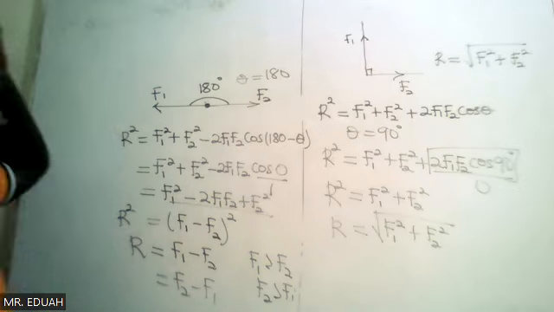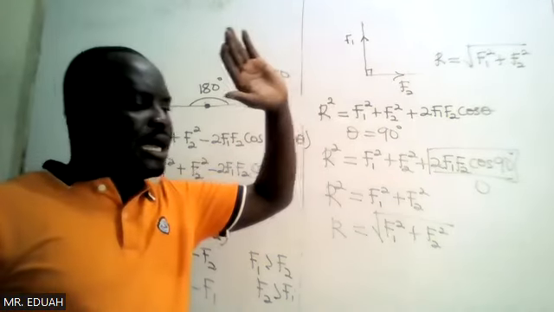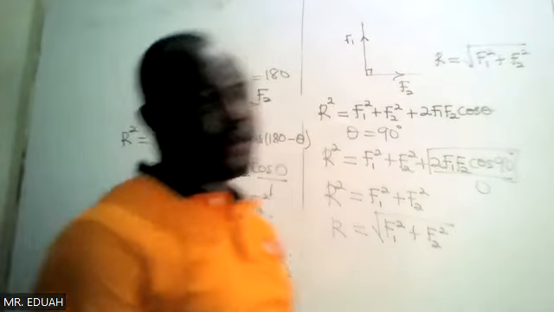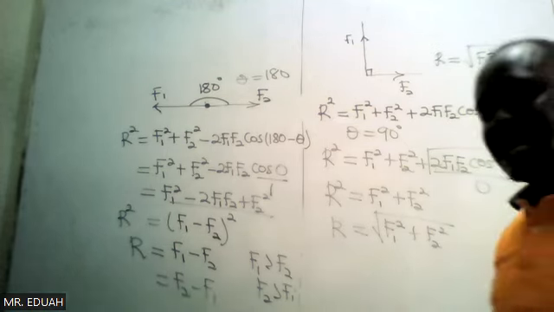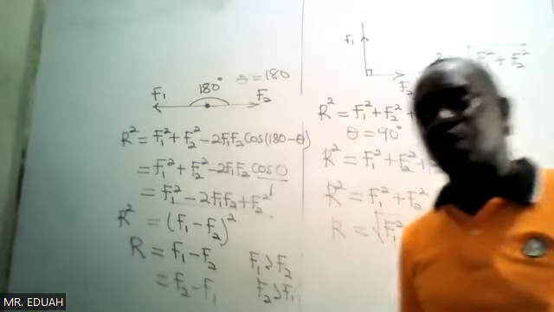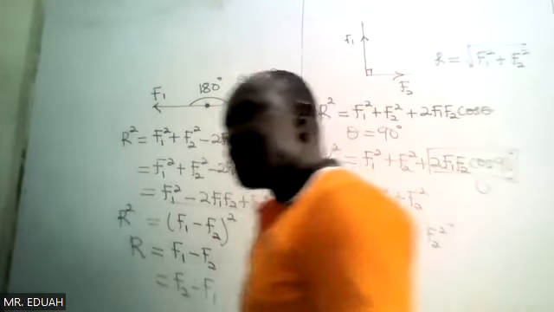What I'm saying is that we earlier realized that the cosine rule is applied to any two vectors acting at an angle theta, whether acute or obtuse.